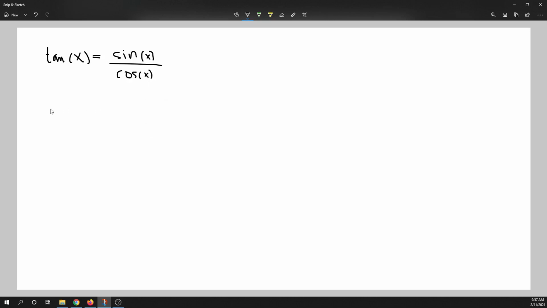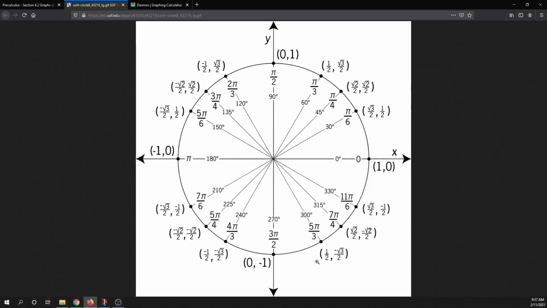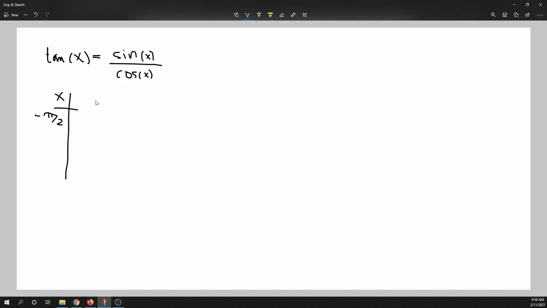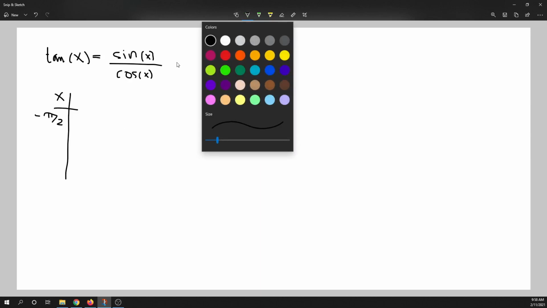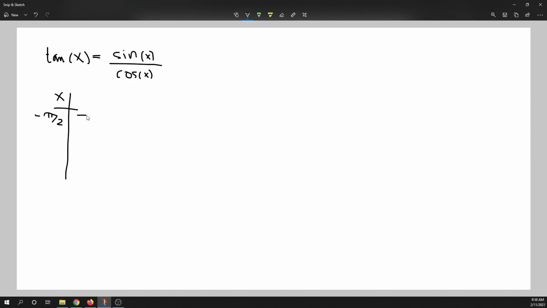All right, and so at minus pi over 2, looking at the unit circle, the cosine would be 0 and the sine would be negative 1. So when we go to make that calculation as to what the tangent is, it would be negative 1 over 0. And here we have a division by 0. Division by 0 is undefined.